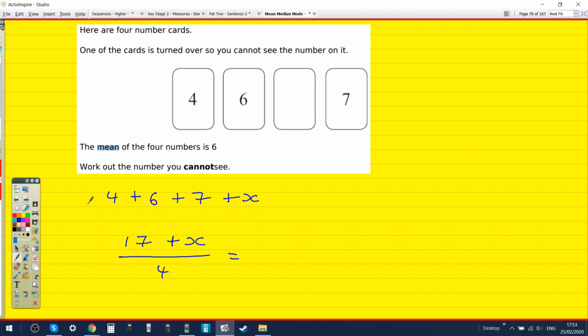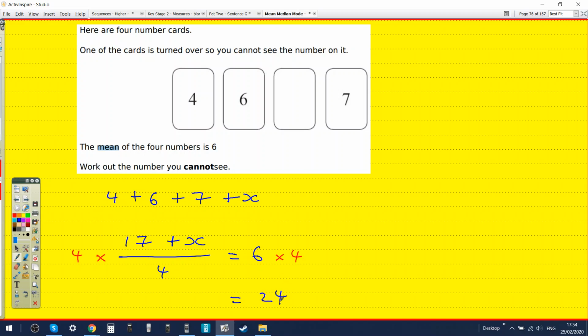Okay, and so then 17 add x over 4 equals 6. Then you have to times it by 4 on both sides. So that means you get rid of the denominator. And then 6 times 4 is 24.